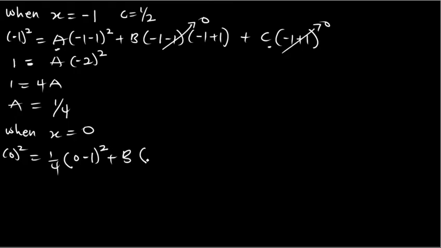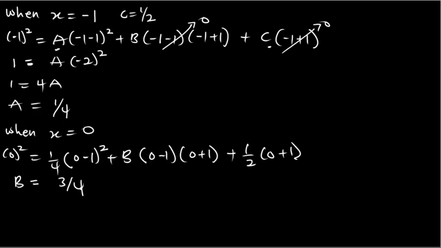I'm looking for b. That will be 0 minus 1, that will be 0 plus 1, then plus c, 1 on 2, 0 plus 1. So solving all this and making b the subject, my b is going to be 3 on 4. Are we okay?